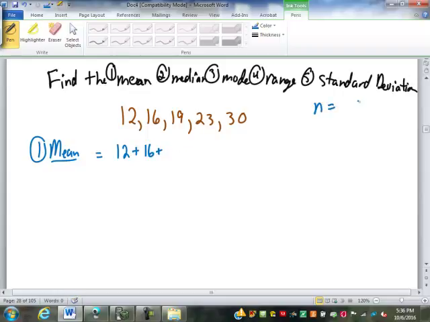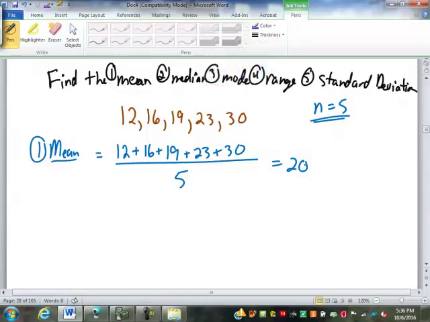N in this case equals what? 5, because there's 5 items in the list. So 12 plus 16 plus 19 plus 23 plus 30 is 100, I believe. Divided by 5 is 20. So our mean is 20.